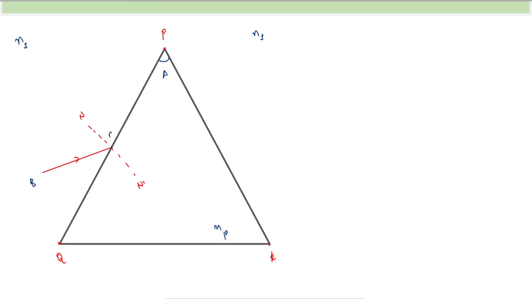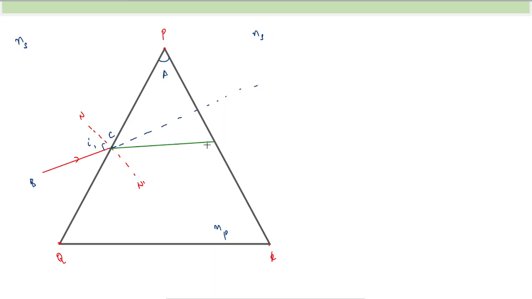So here BC is the incident ray. Light would have traveled along this direction if not for the prism. The angle made here is the angle of incidence, which is called I1, and light refracts and moves like this.